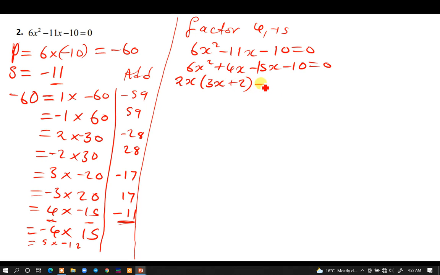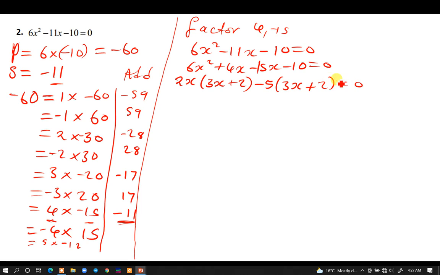Then negative is common, and the other thing that is common is 5. 5 can go into 15, 5 can also go into 10. So negative 5 into negative 15x, the answer is 3x. Negative 5 into negative 10, the answer is positive 2.